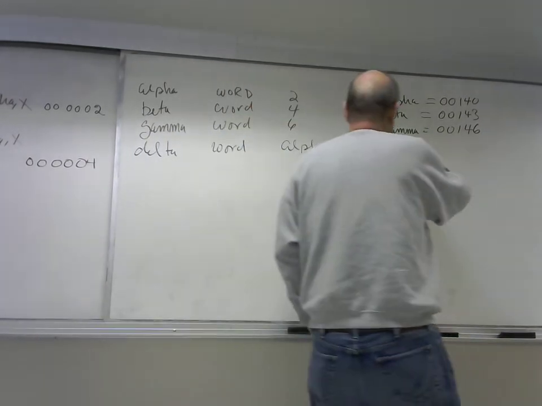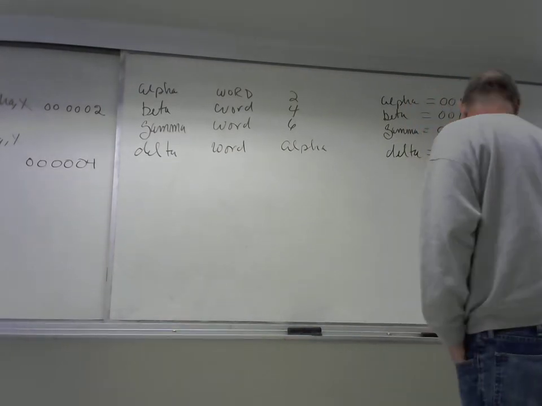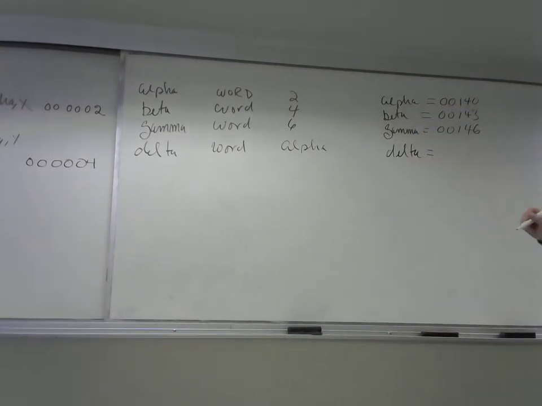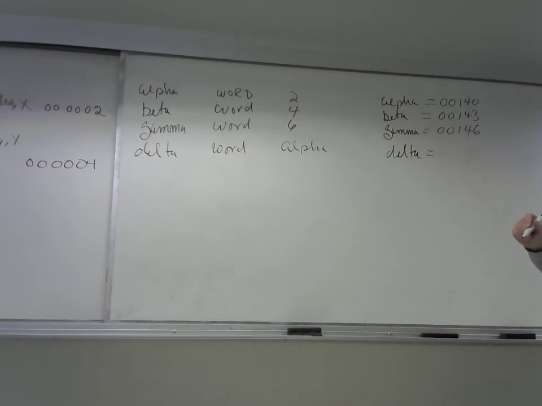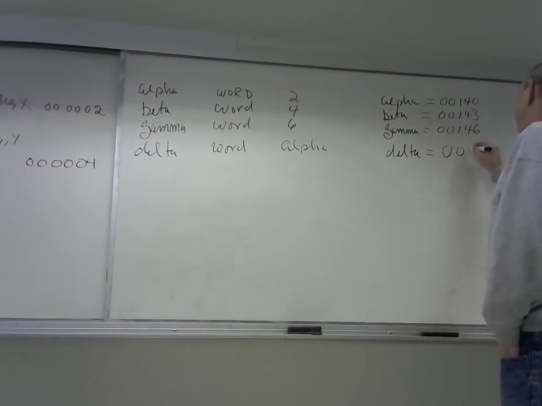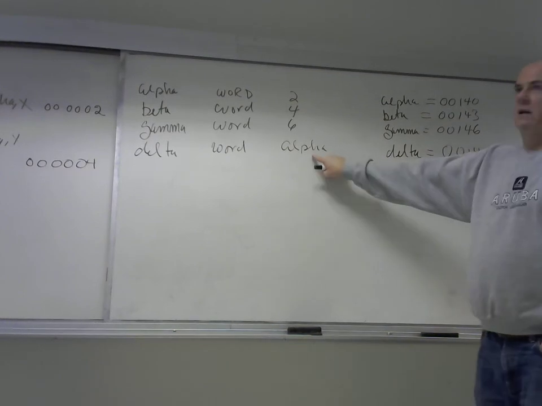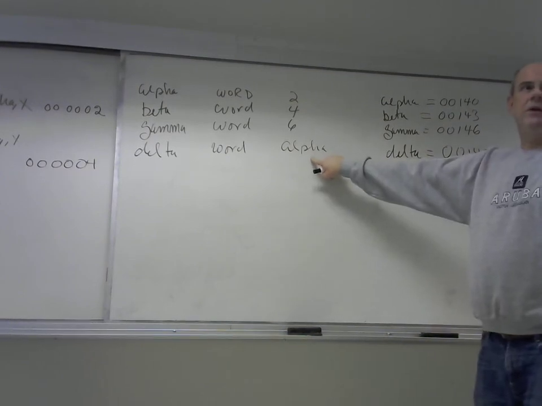Okay, what's in the symbol table? What's delta equal? Well, what does alpha mean? The address, that's it?